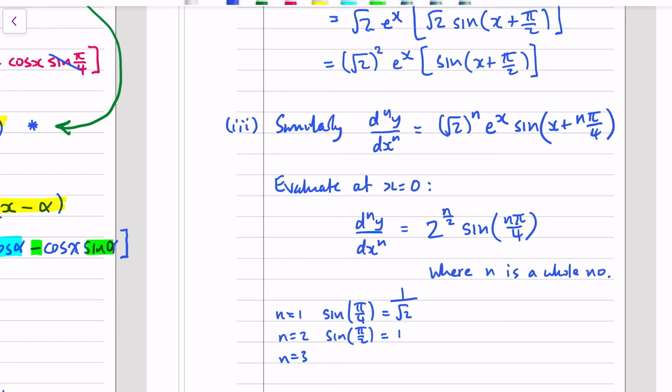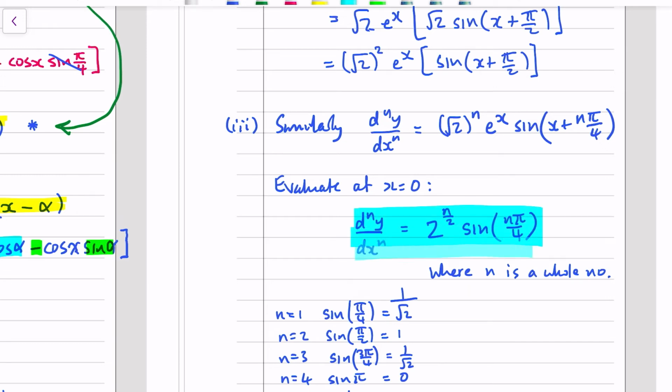N is 3, we've got sine of 3 pi over 4, which is also 1 over root 2. N equals 4, we've got sine of pi, which is 0, and it kind of repeats like that. So we could explore what happens, and the mark schedule does, but I believe that this answer here is perfectly acceptable.